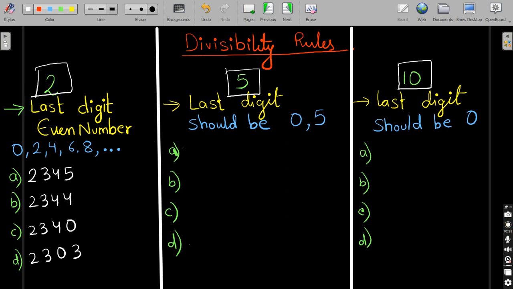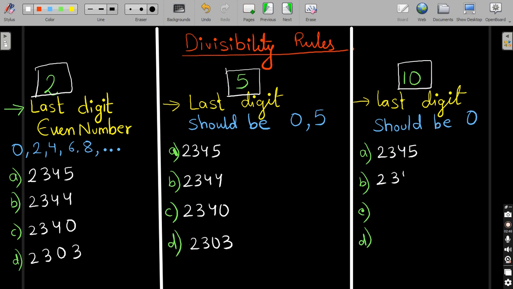Without dividing, directly by using the divisibility rule, we can say whether the number is divisible or not. I am taking the same examples in all the cases so that by simply seeing the number, we can identify which value it is divisible by.